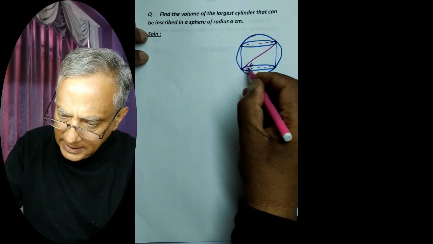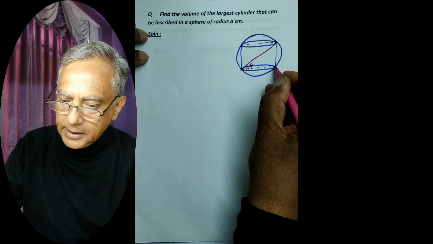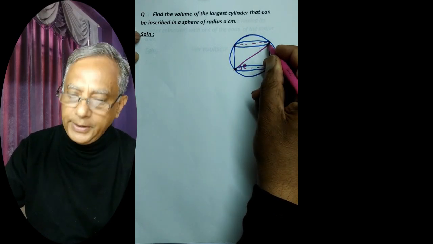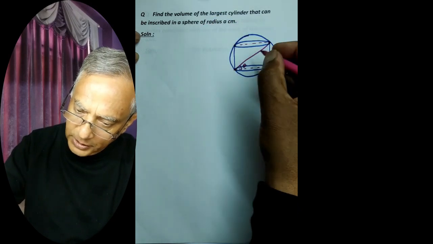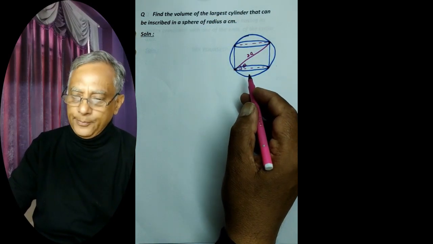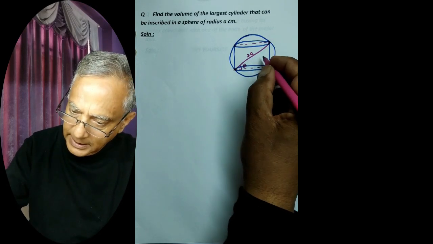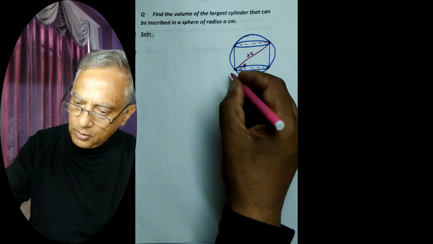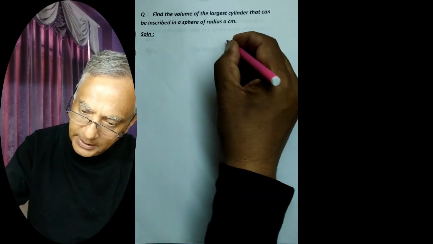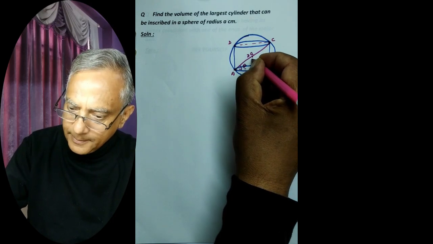Then this is the diameter of the cylinder, and this is the diameter of the sphere. Radius is given to be a, so diameter is 2a. Let this be A, this be B, this be C, this be D, and this be the center of the sphere.